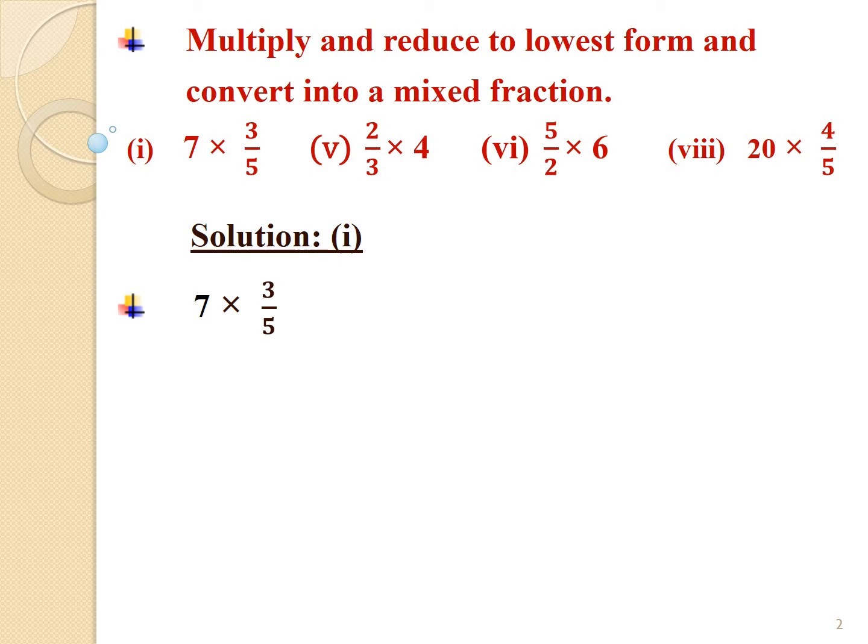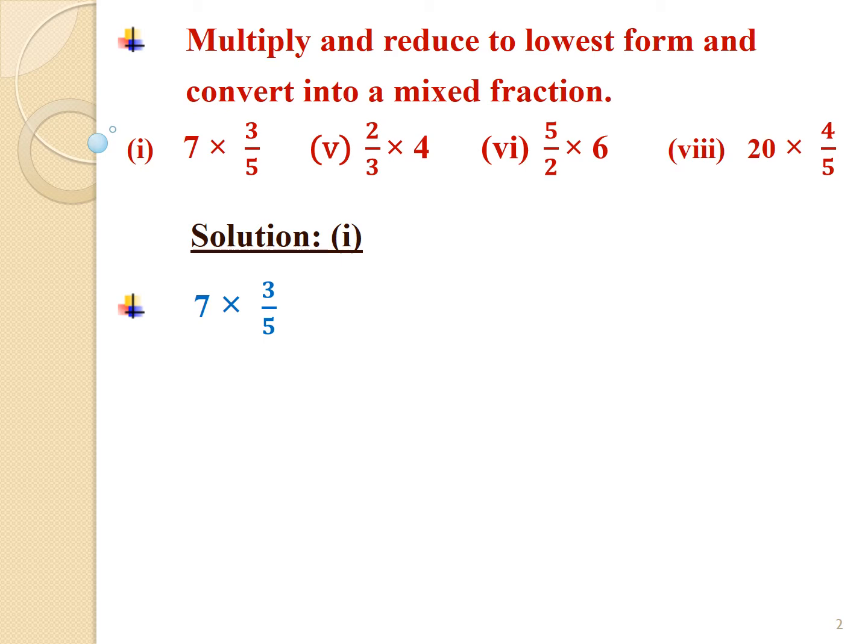Sum number 1, 7 into 3 upon 5. Let us multiply a whole number 7 by the numerator 3 and keep the denominator 5 same, as we know that in order to multiply a whole number by a fraction, we have to multiply a whole number by the numerator and we have to keep the denominator same.